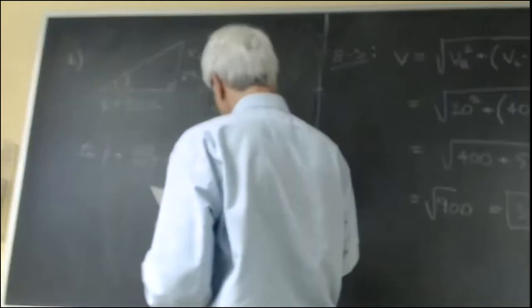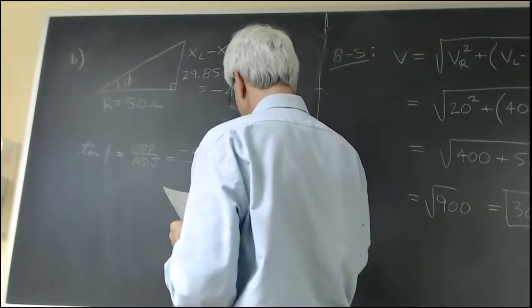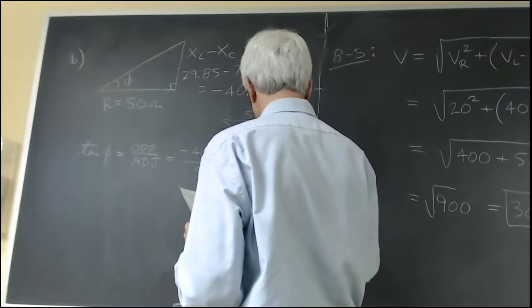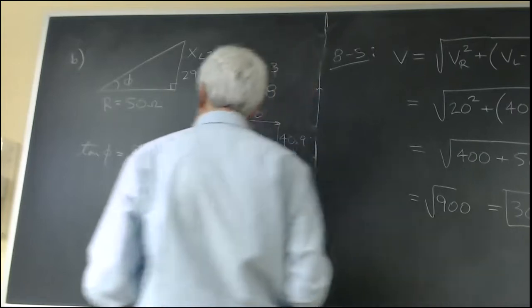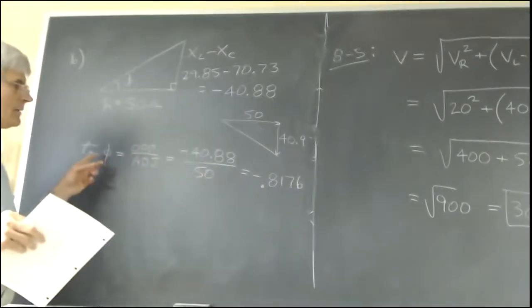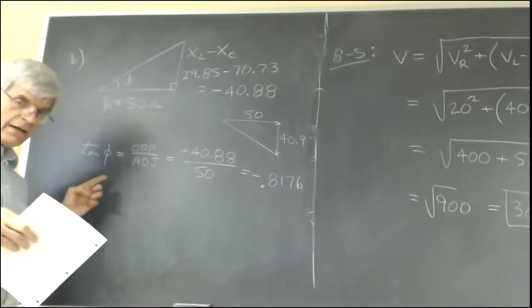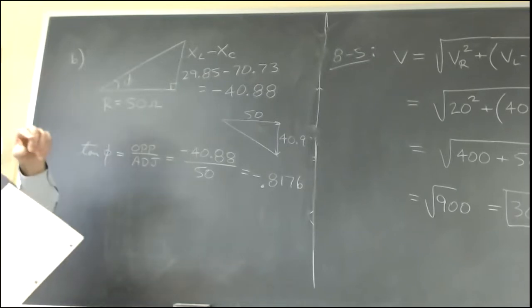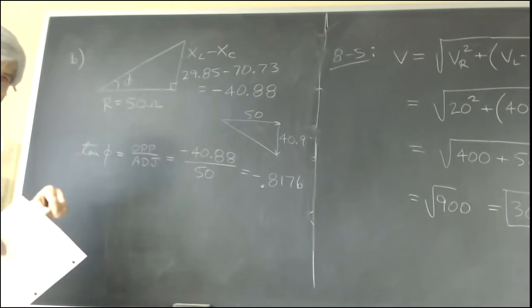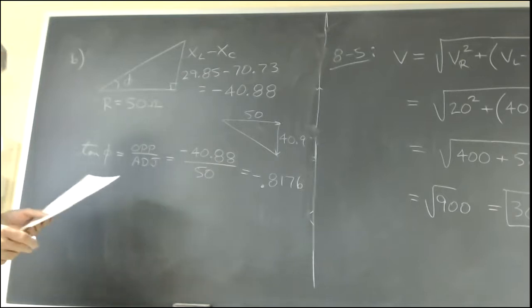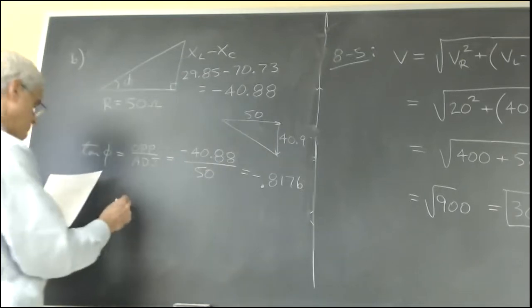Well, this is not the number we're interested in. This is just a step along the way. 0.8176 is not the angle, it's the tangent of the angle. To get the angle itself, that's the inverse tangent, or the notation on most calculators would simply be second function tangent.